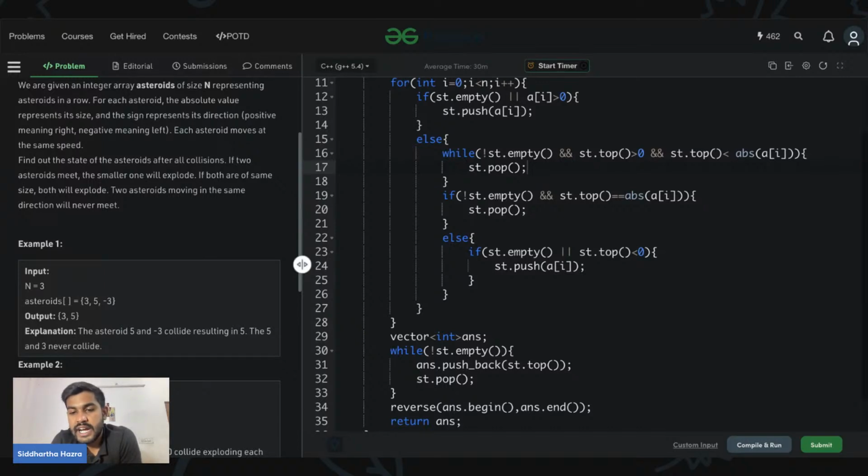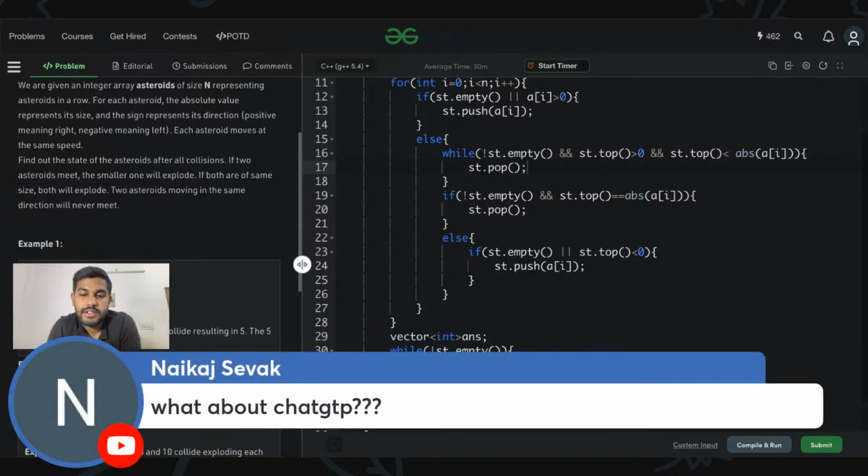What about ChatGPT? As of now, ChatGPT is not able to solve DSA problems which are not very famous. Problems which require innovation, it is not able to solve. So I don't see any fear regarding that.